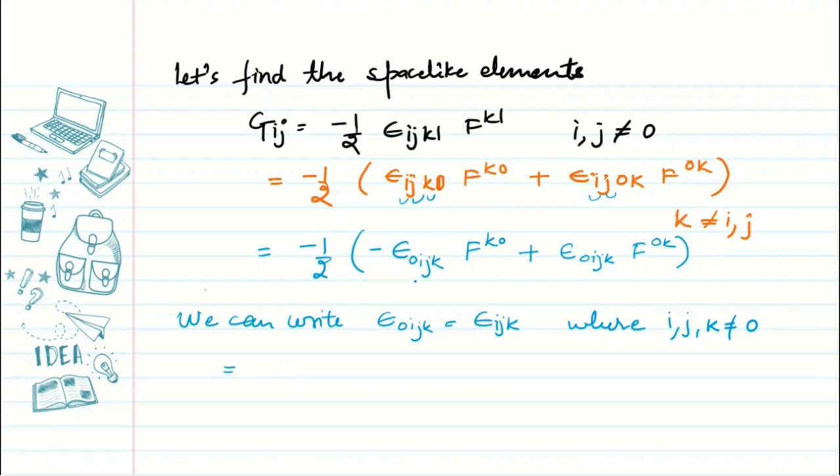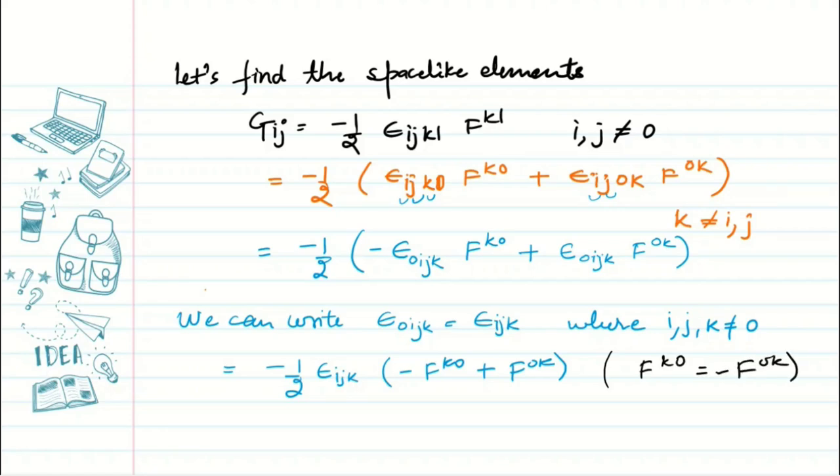So let's take the epsilon part out. This is minus half epsilon ijk, minus Fk0 and F0k, and we know that Fk0 is minus F0k. So using this, we will get half epsilon ijk, there will be twice F0k, and the 2 will cancel. We will get minus epsilon ijk F0k.